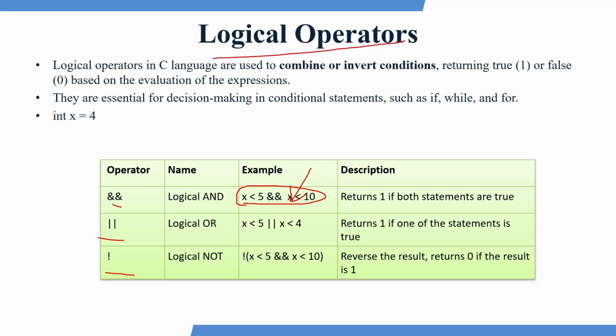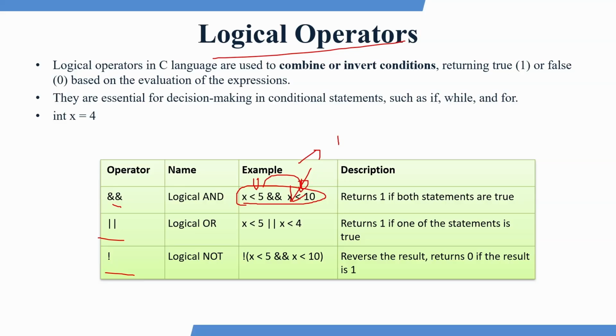The logical operator AND is used to combine two expressions. If both conditions are true, it will return the result as 1, or true. If any one of the conditions fails, it will return 0.